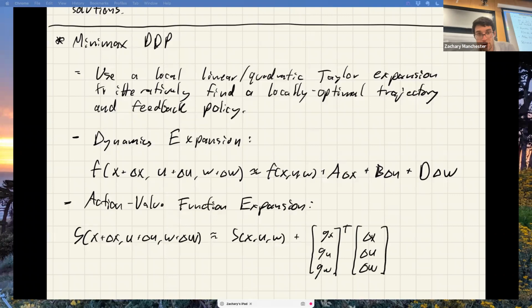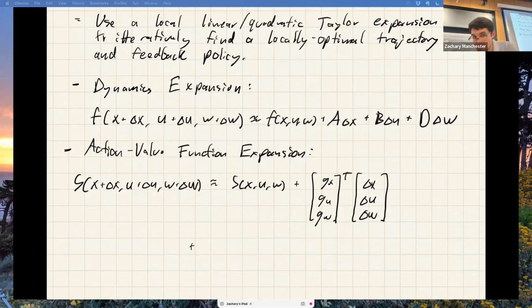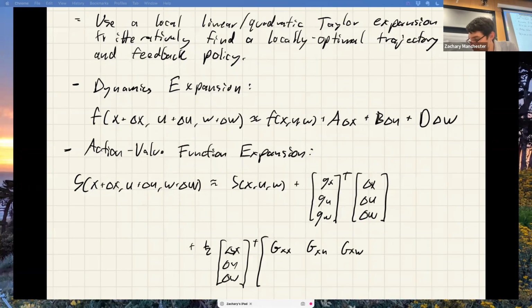And then a Hessian term. So 1/2 delta x, delta u, delta w, and then this big Hessian thing, which we're going to write out blockwise, right? So it's got blocks corresponding to the x and u and w pieces. And it's symmetric as always.